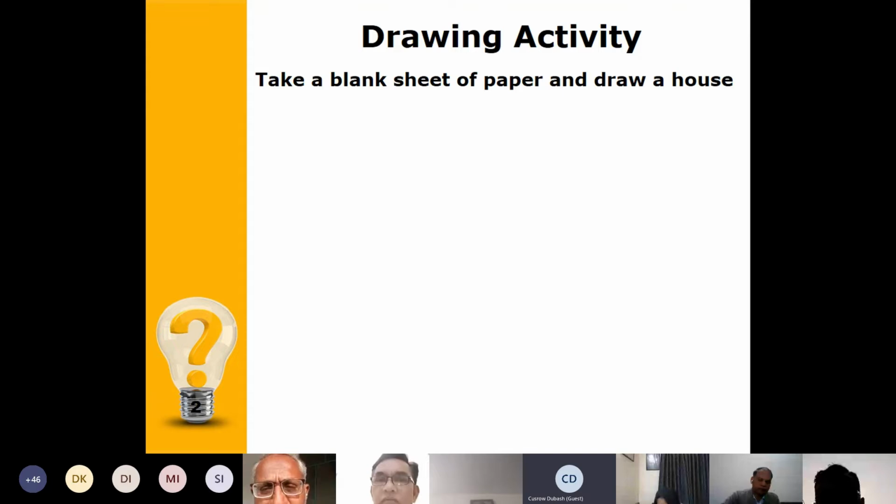If you don't have a blank sheet of paper, use a line sheet, but draw the house. That's important. And it doesn't have to be accurate. It could be a sketch, but it should be a house.